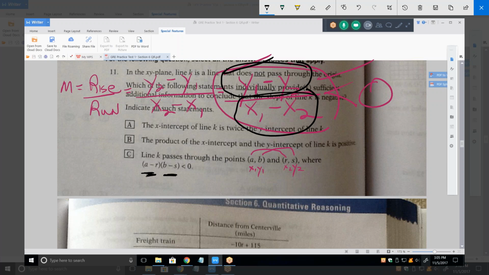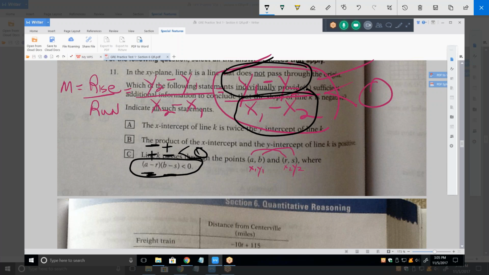If they have to be opposite signs up here, then they have to be opposite signs down here. And it's either a positive times a negative, or a negative times a positive. In either case, it's less than 0. So this does indeed mathematically prove that that line has a negative slope.